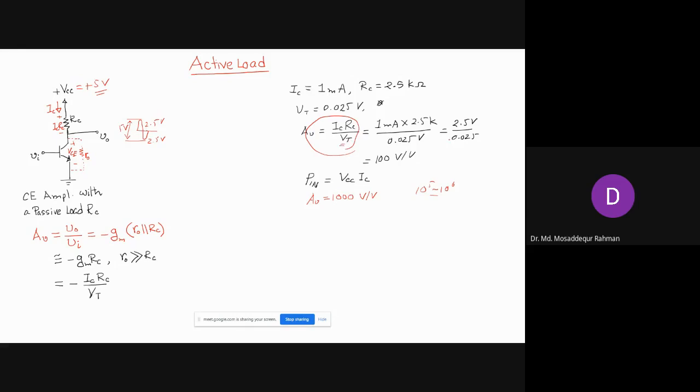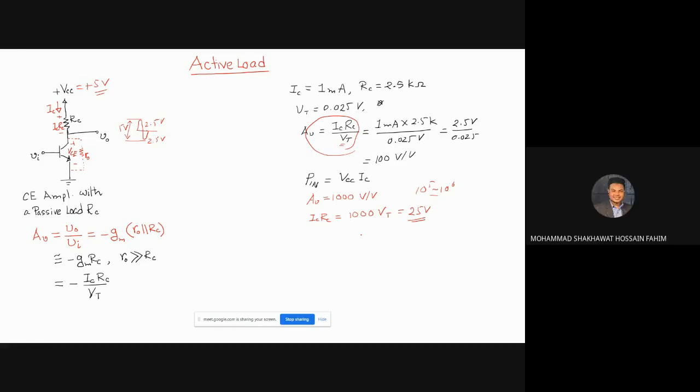VT is constant, 0.025. So to achieve a gain of 1,000, IC RC should be 1,000 times VT. So VT is 0.025 times 1,000, which should be 25 volt. Is that correct?